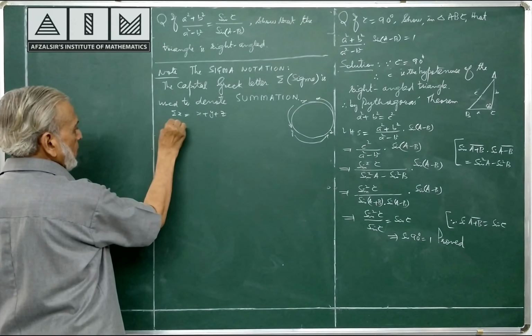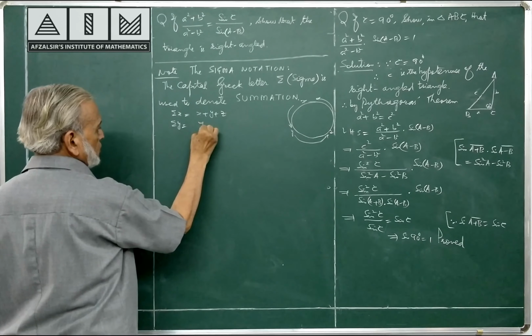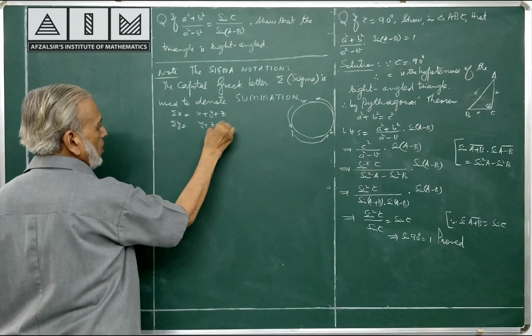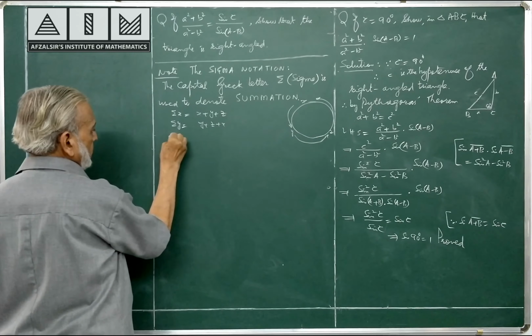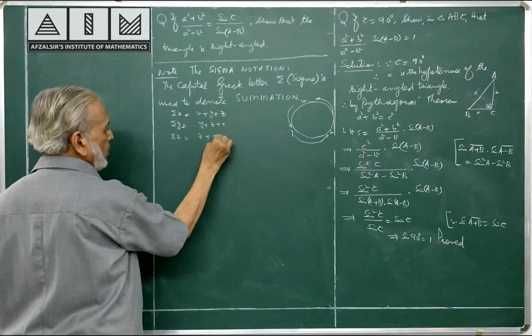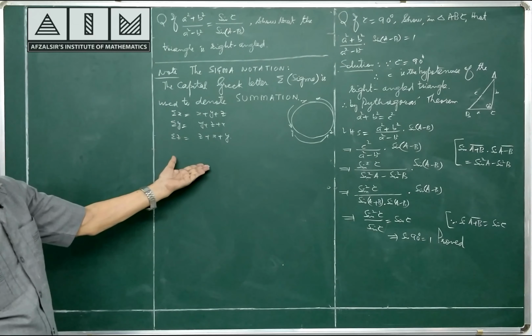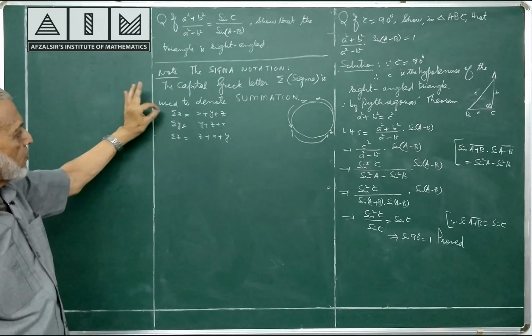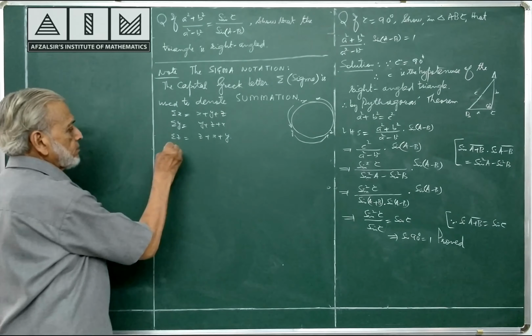If I write sigma y, y plus z plus x. If I write sigma z, z plus x plus y. You can see all these three are same. X plus y plus z, y plus z plus x, z plus x plus y, all are same. So that means sigma x is the same as sigma y is the same as sigma z.